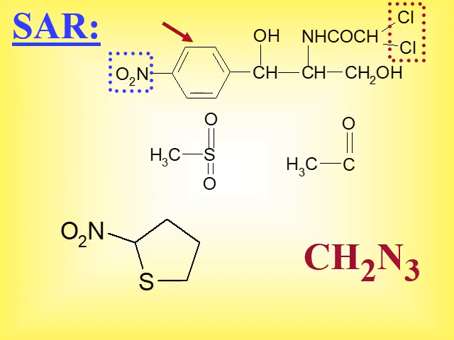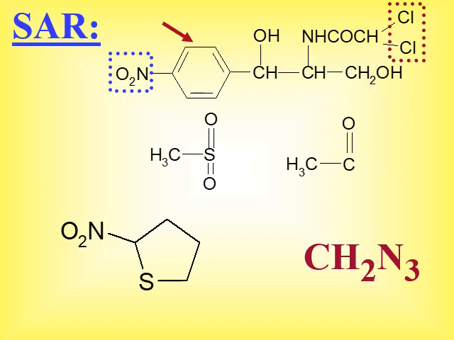What is the structure-activity relationship concerning chloramphenicol? As you see here, the nitro group is in the para position. If you put it in the ortho or meta, this will decrease the activity.